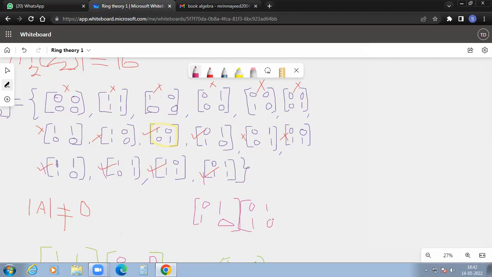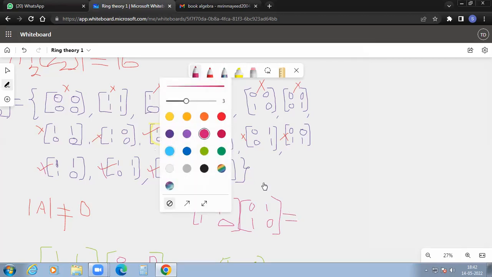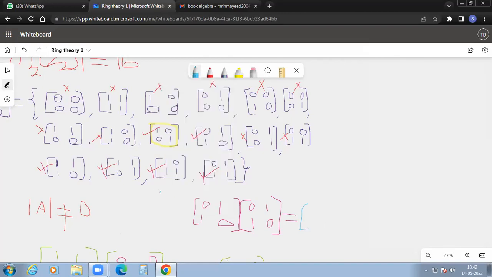So what will be the product? 0 zeros plus 1 ones, so I got 1 here. Then 0 plus 0, so I got the entry 0. Next 0 0, so I got 0 here, and 1 into 1. Yes, I got the identity matrix. So I found 0 1 1 0 is its own inverse.